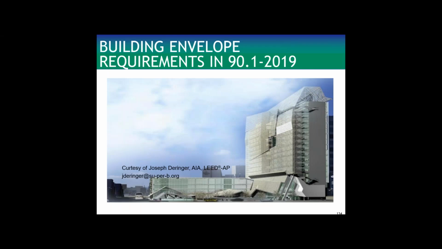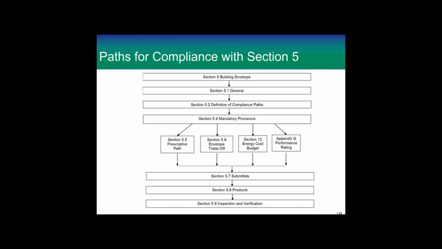So that's that. Now we're going to switch away from mechanical and HVAC, and we're going to cover everything else in the standard. So here we go. The envelope is section 5, and they do have some alternate paths that we'll go through and show you.